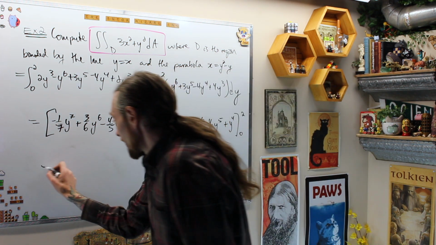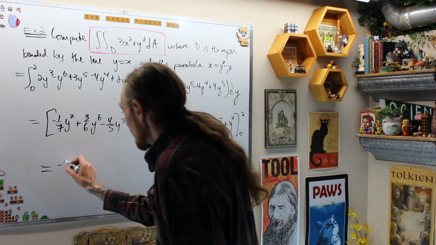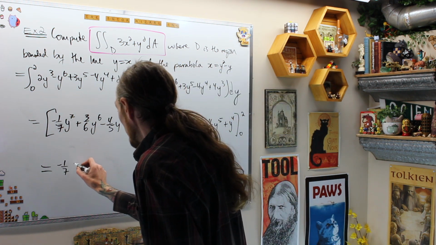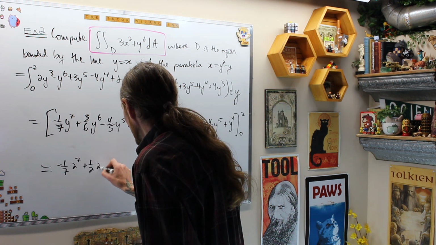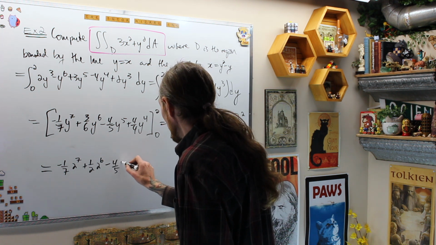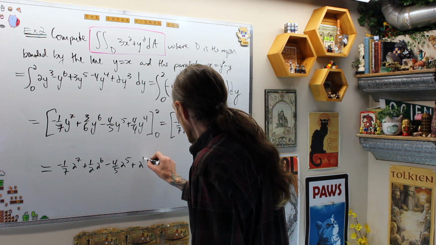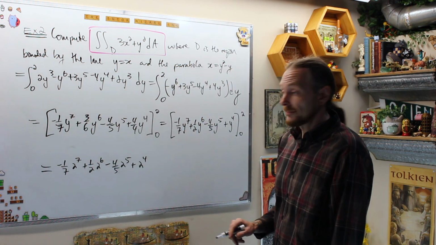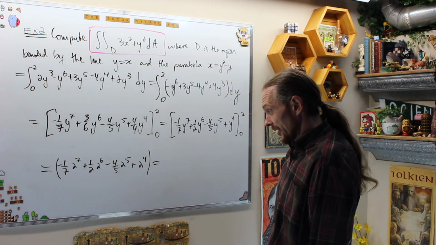Now evaluating, we get this is equal to negative 1 over 7 times 2 to the 7, plus 1 half times 2 to the 6, minus 4 over 5 times 2 to the 5, plus 2 to the 4, minus 0. Now from here, I can use probably a couple clever exponent laws.